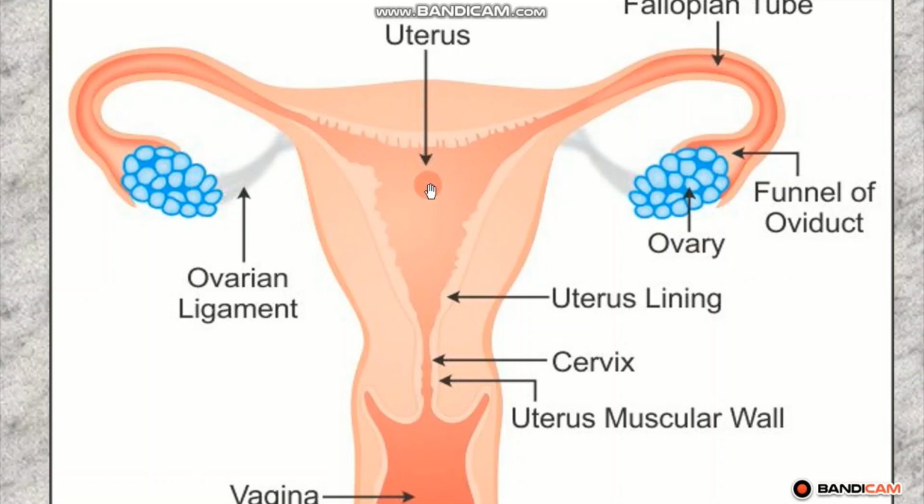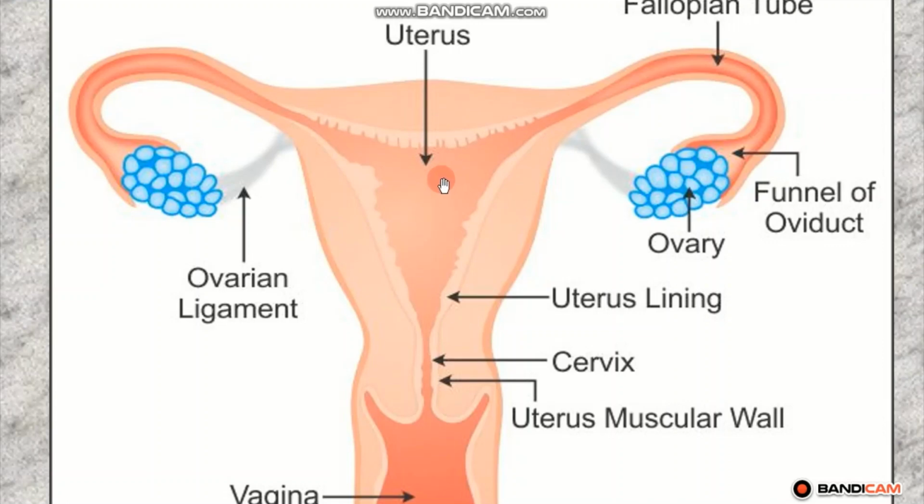This is the part where the offspring grows and develops. Its structure is pear shaped, like the pear fruit.